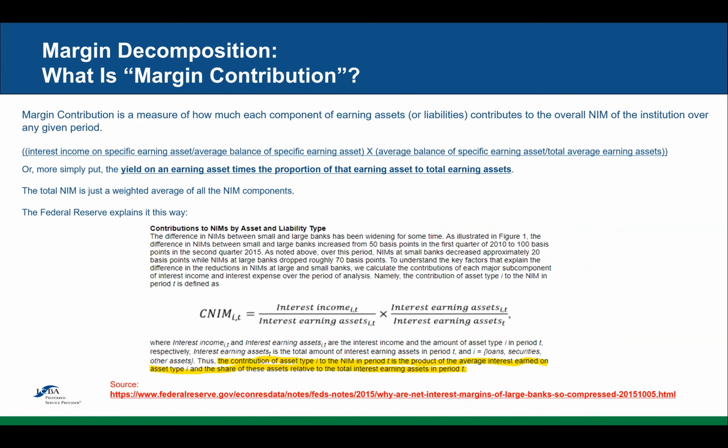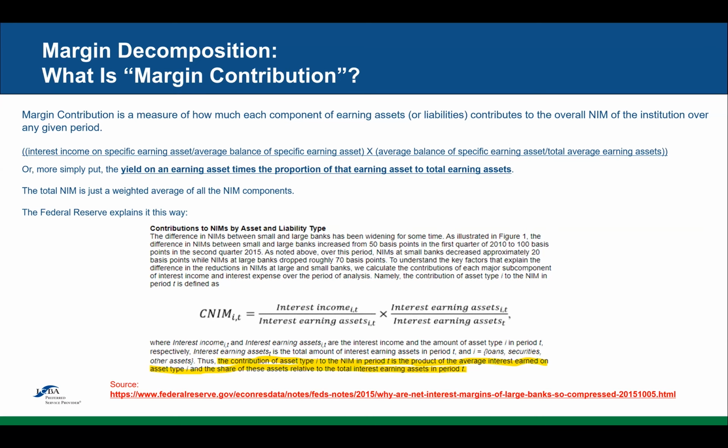Before we talk about changes in margin contribution, let's define what we mean by margin contribution. It's a measure of how much each component of earning assets or liabilities contributes to the overall NIM of the institution. It's interest income on a specific earning asset divided by the average balance of that asset, so that's the yield on that asset, multiplied by the balance of that asset as a percentage of total earning assets.